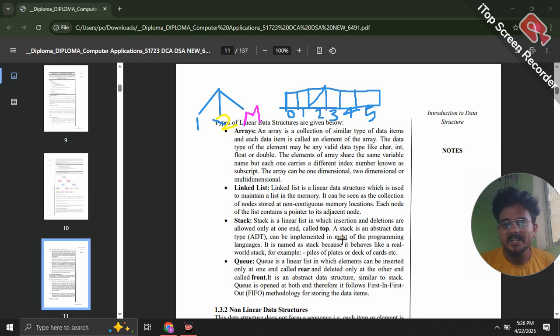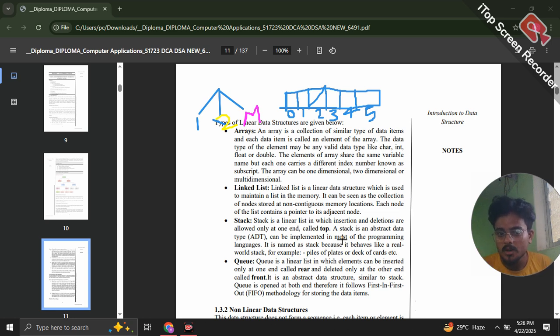Linked list is a linear data structure which is used to maintain a list in the memory. It can be seen as a collection of nodes stored at non-contiguous memory locations.